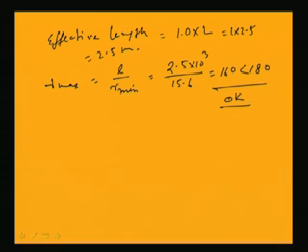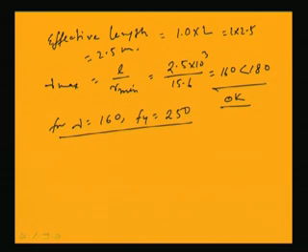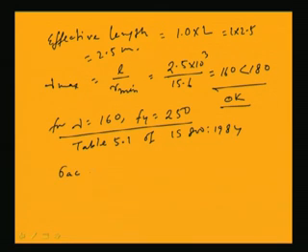Okay. Now, for lambda equal to 160, and let us use the steel grade of Fy equal to 250. Then from table 5.1 of IS 800 1984, we will get the value of sigma AC as 41 MPa, right.